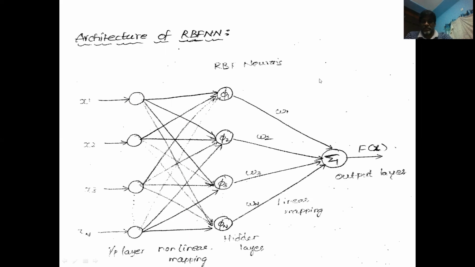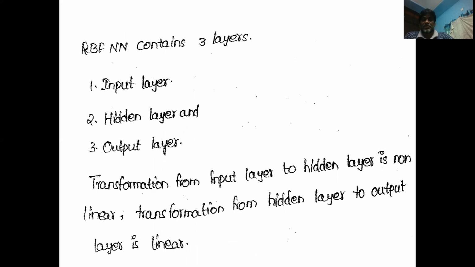Now let us understand this in detail. You can see it here. The RBF neural network contains three layers: input layer, hidden layer, and output layer. As I told, the transformation from input layer to hidden layer is a non-linear mapping, and the transformation from hidden layer to output layer is a linear mapping.